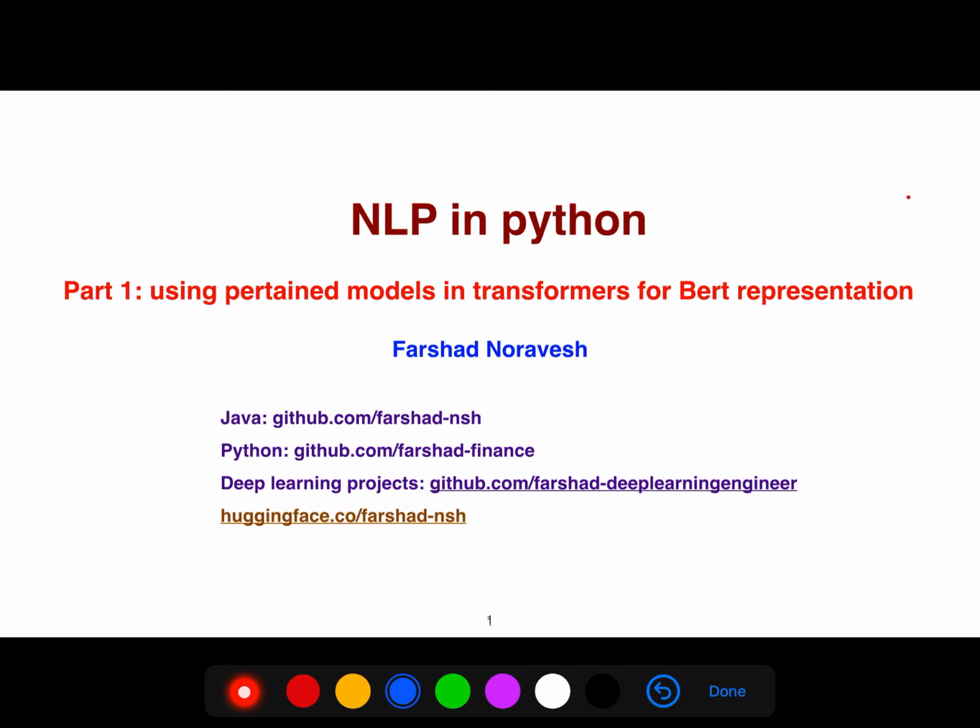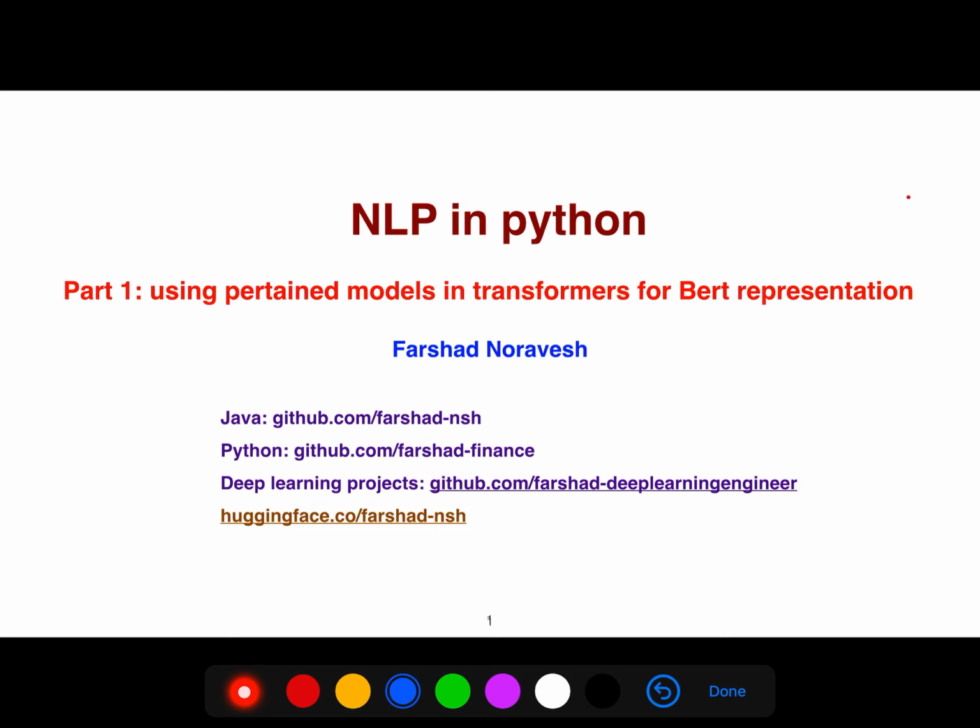So I start from very, very simple prerequisites for NLP, which is working with the pre-trained models and just using them because they're already trained, and we want to use them either as an embedding, or for example, for learning.